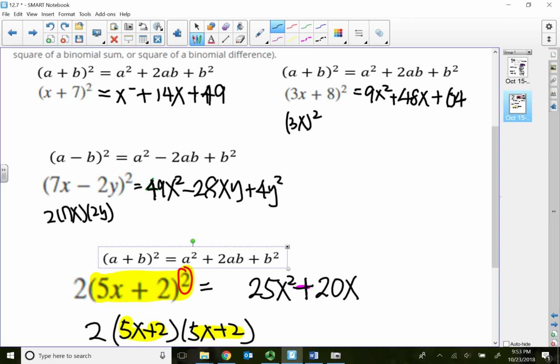Okay, so the 20x comes from the 2 times my A times my B. Plus my B, which is 2, whole thing squared, which is 4. The reason why I leave a little space right here is because I actually have another factor up front that I need to multiply. So that 2 will actually multiply all 3 terms right here.